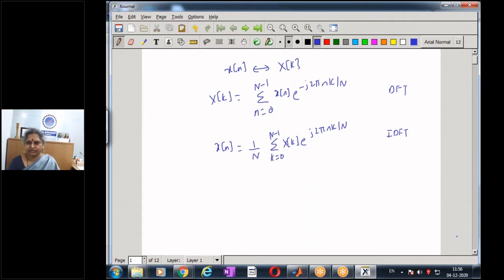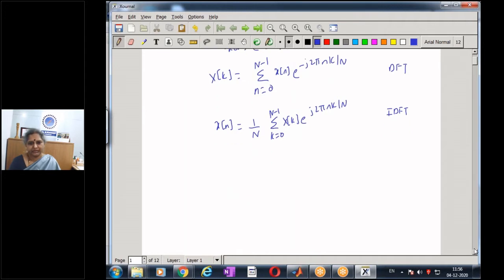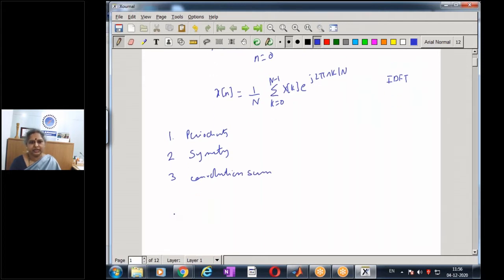Now we are going to see a few properties of the DFT. Mainly we are going to see the periodicity. Then we shall see the symmetry. Then we shall see how we can evaluate the convolution sum using the DFT and the IDFT.